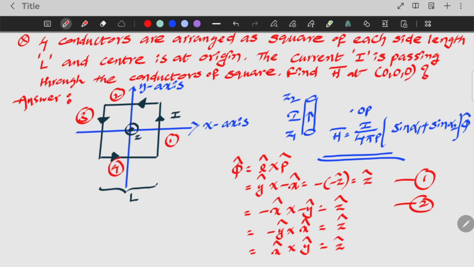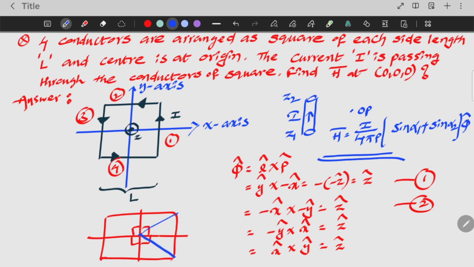So these are the four different directions I have calculated for the H bars. Okay, then what about sin alpha 1 and sin alpha 2? If you observe this very carefully, this is the square we have, this is the observation point, and in the square here we have 90 degrees, here also 90 degrees, but we will get the angles like this.